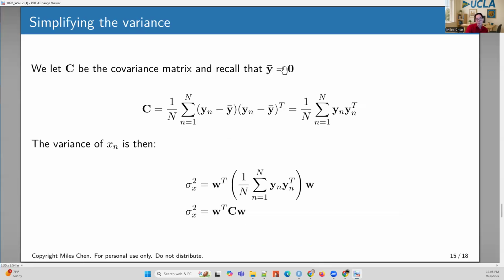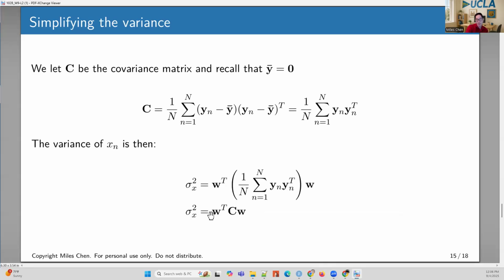Because the mean of y is 0, it reduces down to exactly what we have here. So my variance is going to be w transpose times the covariance matrix times w, and I want to maximize this.